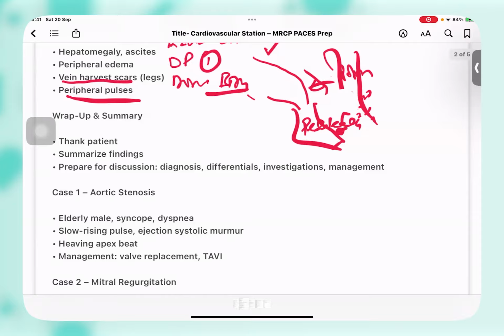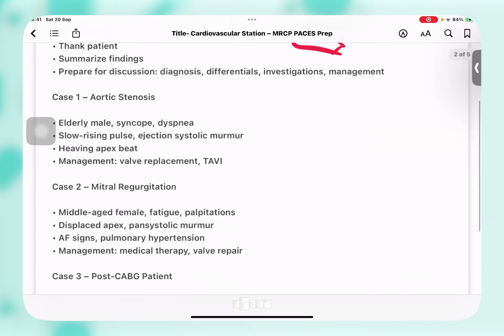Yes, sir. Then another important case is mitral regurgitation. So in mitral regurgitation or even MS, it is usually a female with mitral facies. Patient will have a displaced apex. So that is when you might have to turn the patient towards yourself. So the apex beat will be displaced. And when you put the stetho on the mitral area, there will be a loud pansystolic murmur.